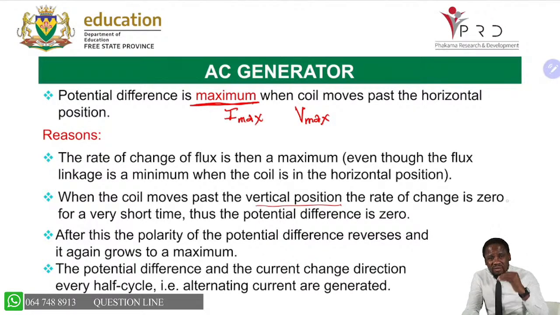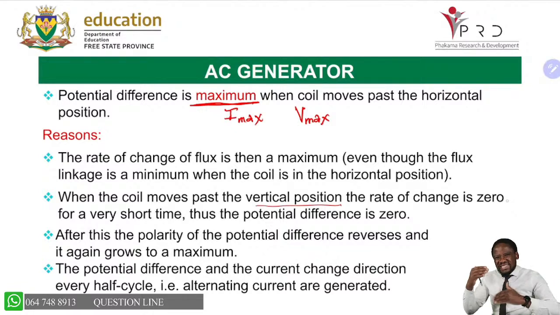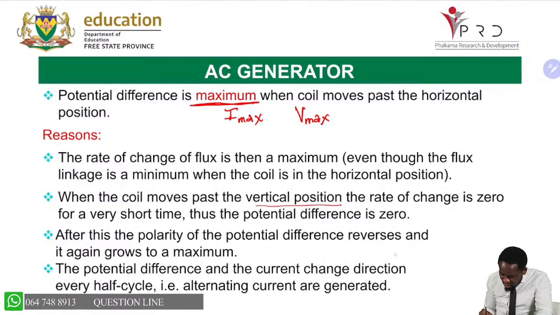It means at that particular position, the coil and the magnetic field are not interacting with each other. So once the coil or the conducting material does not move across or disturb that magnetic field, there is a zero rate of change of magnetic flux linkage, right? That's where we get the zero EMF. That's the most important part that I wanted to explain.